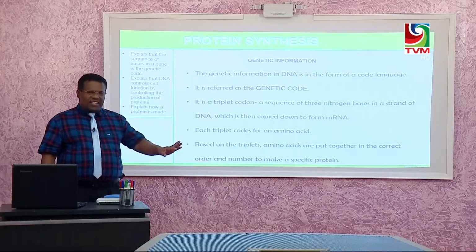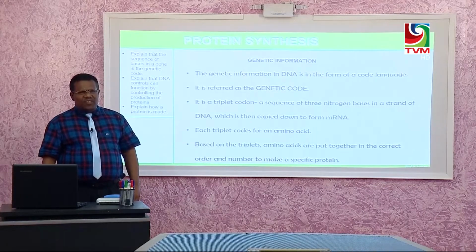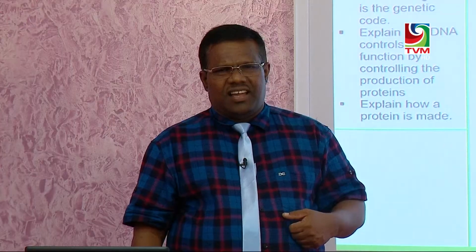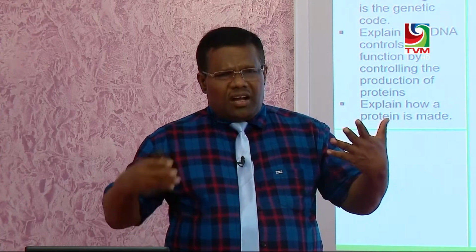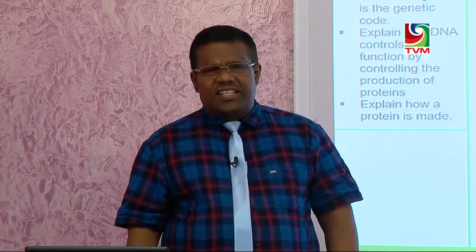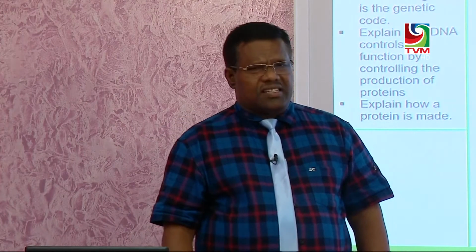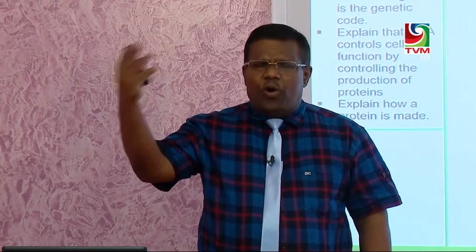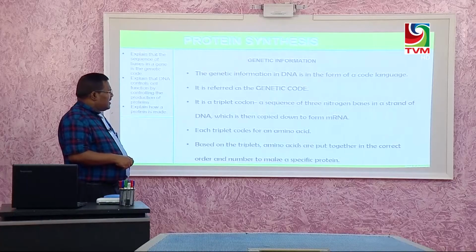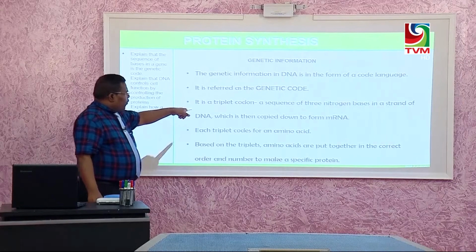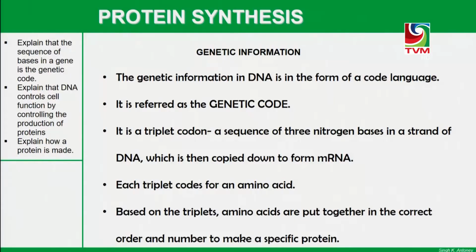So they left the single letter language and went for the double letter. When they made combinations of these nitrogen bases to form doublets, they got only 16 of them. Again, 4 amino acids would be left without any code. So they came to the conclusion that the genetic code is in the form of a triplet codon.